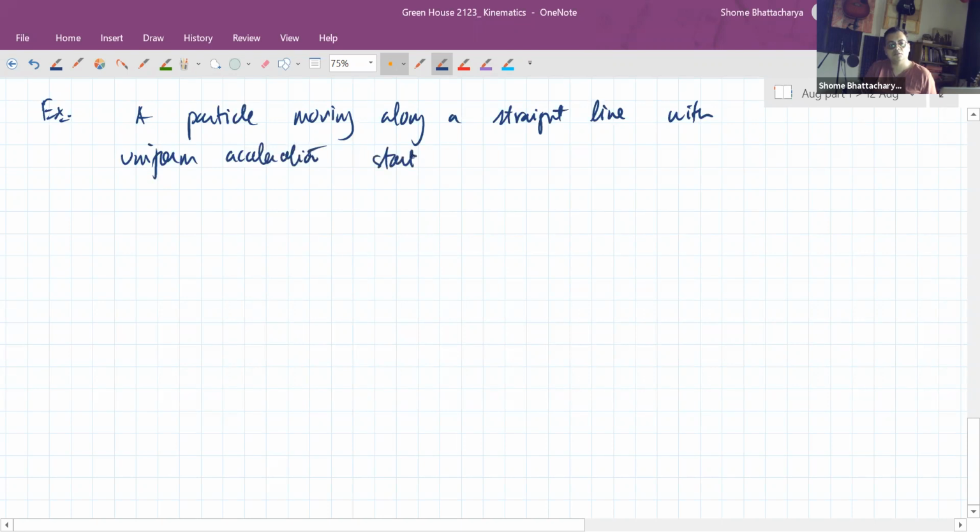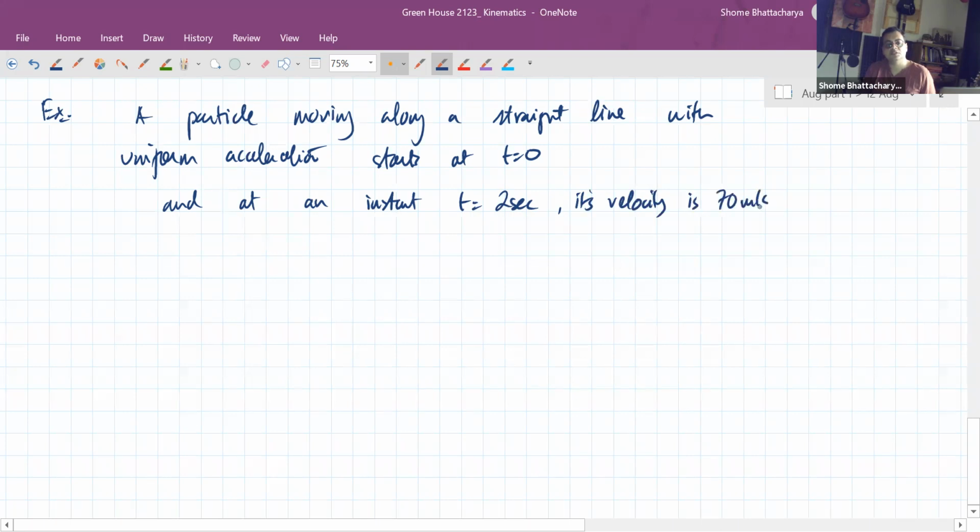It starts at t equal to 0 and at an instant t equal to 2 seconds, its velocity is 70 meters per second and its displacement is 120 meters.